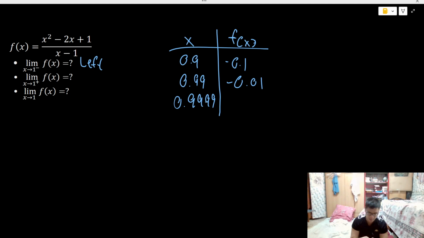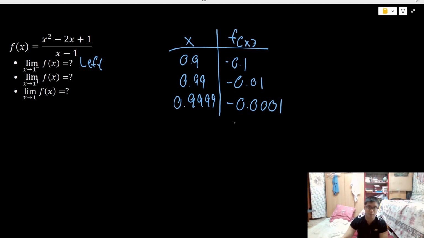So 0.99, okay, 99. Then, where was I? There you go. So you will have negative 0.0001. So as our x values approach 1 from the left, you will have these results.